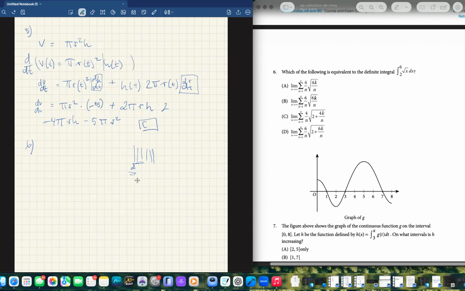So it's going to be the top of the integral minus the bottom of the integral over n. So that makes it 6 minus 2, so that means it's 4. So that means we're looking at C again. Okay. So you can write this out formally here.